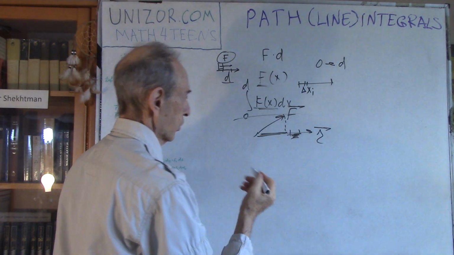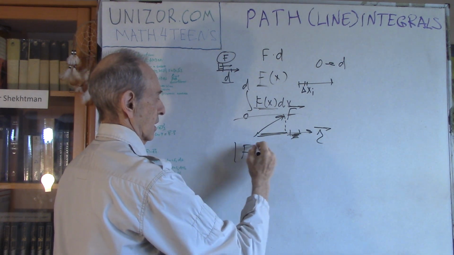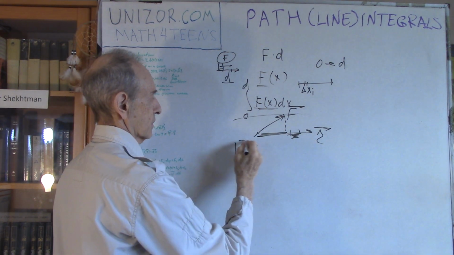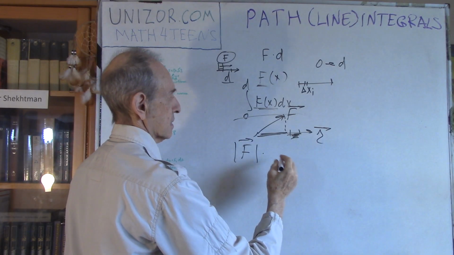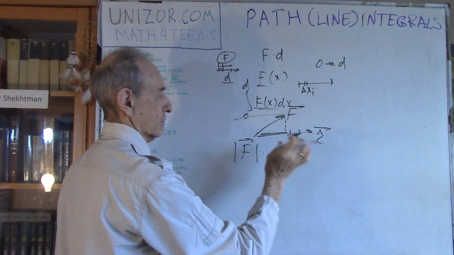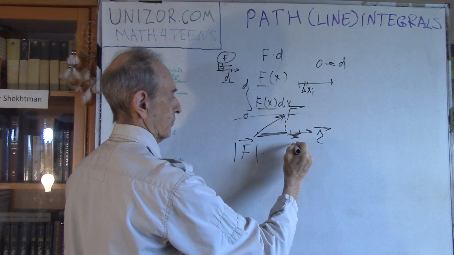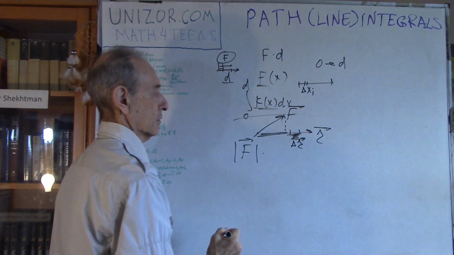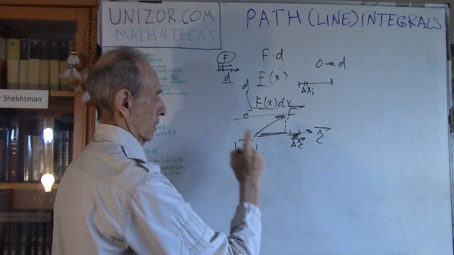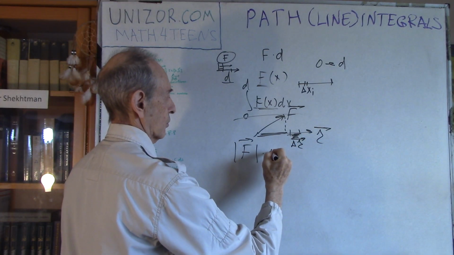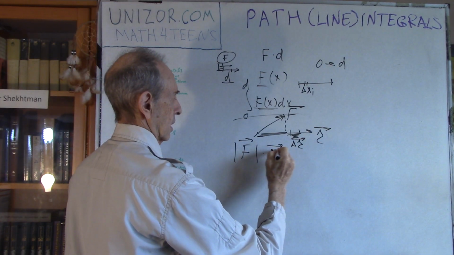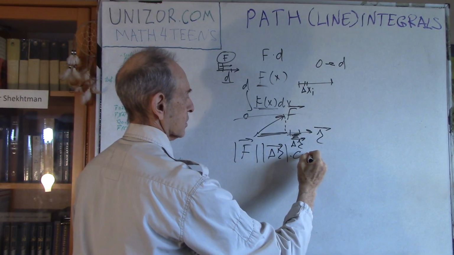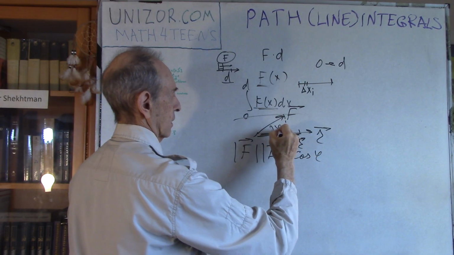So what is this? This is the absolute value of the force vector times, let's say you have covered a very small, let's call it delta r vector of the path. So you calculate it times this times cosine of angle phi. Right?